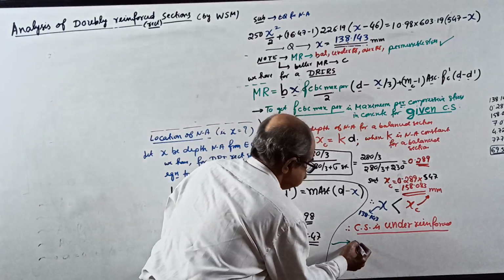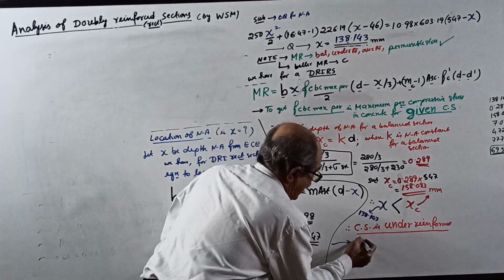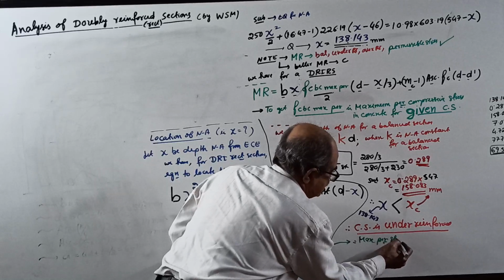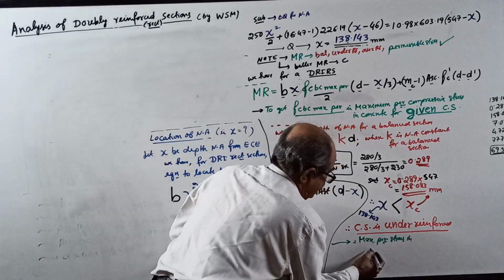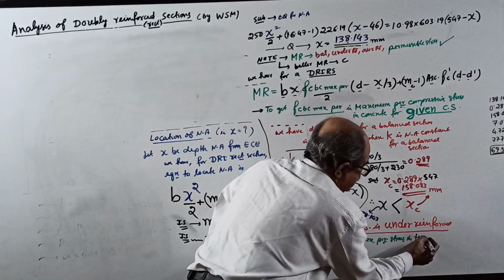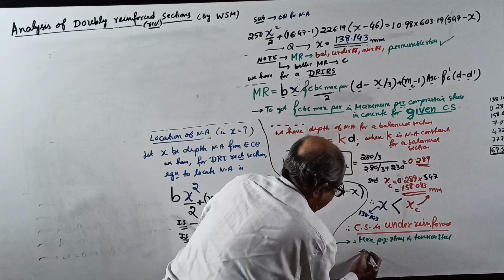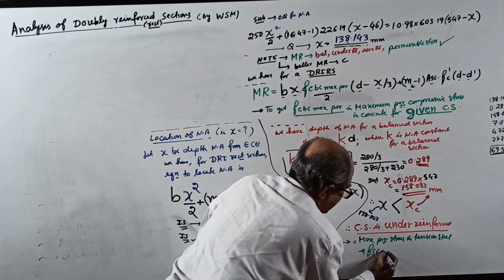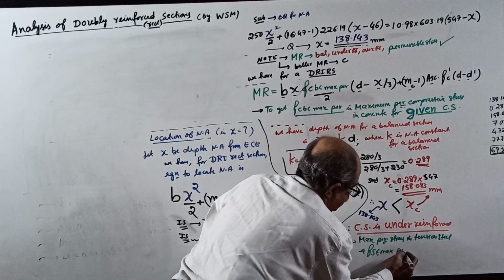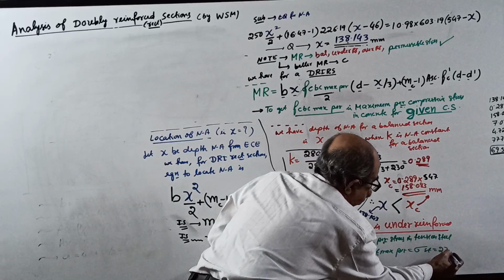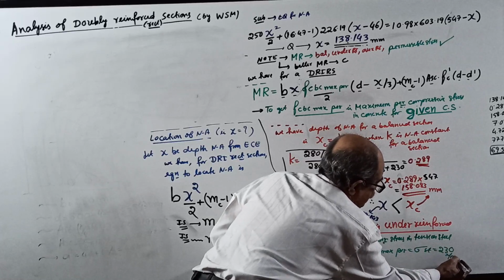Therefore, maximum permissible stress in tension steel, that is FST max permissible, equal to sigma ST equal to 230 Newton per mm square.